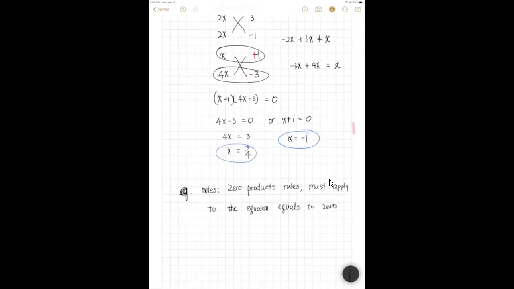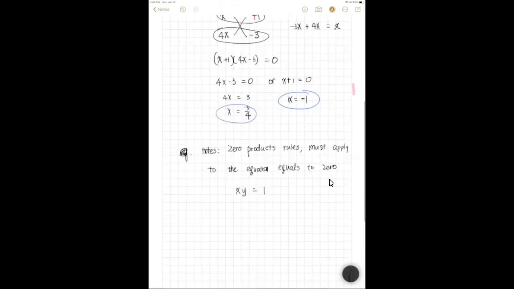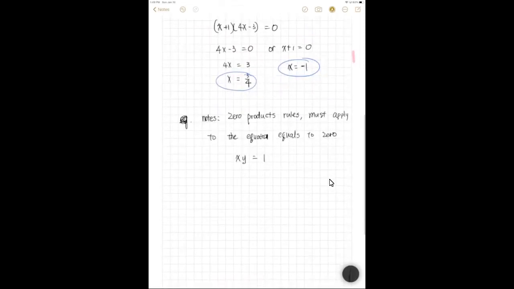Why do I say that? Think about two numbers where x times y equals 1. What happens? They have millions of combinations. For example, 1/2 times 2 equals 1, so x can equal 1/2 and y can equal 2. Or 1/5 times 5 equals 1, so x equals 1/5 and y equals 5.